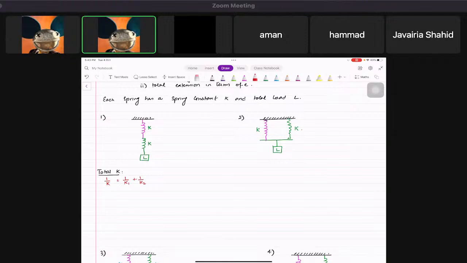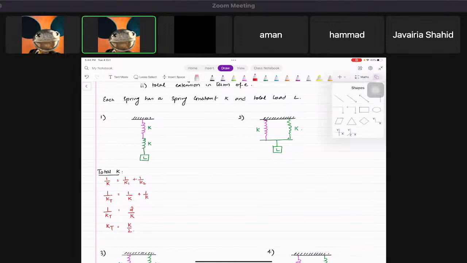So the total K is going to be 1 upon K plus 1 upon K, because both of them have the same, right? So this will be then 2 upon K, and then K total is going to be K upon 2.